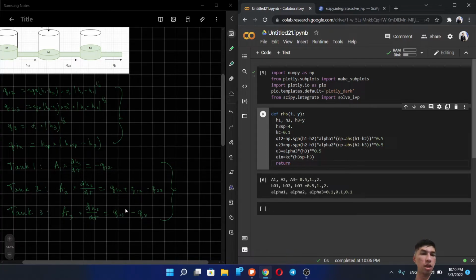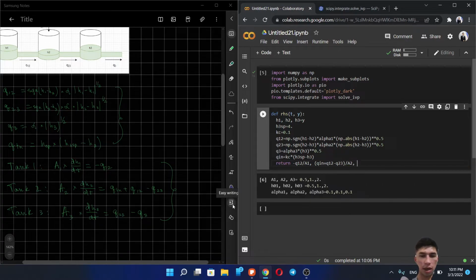In our equation, if we want only dH over dt on one side, we can divide the other side by the cross-sectional areas. So our first return value is going to be negative Q12 divided by A1. Our second return value is going to be Qin plus Q12 minus Q23 divided by the second cross-sectional area.